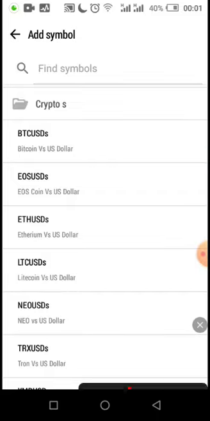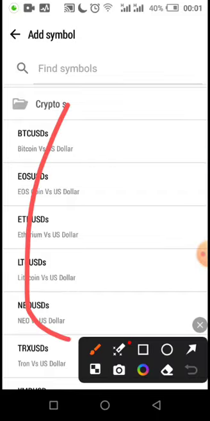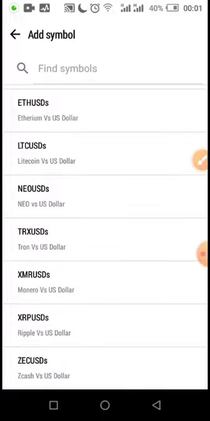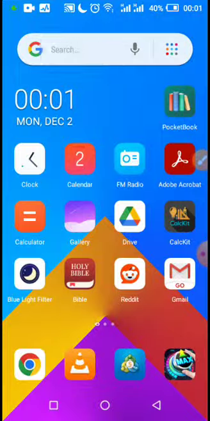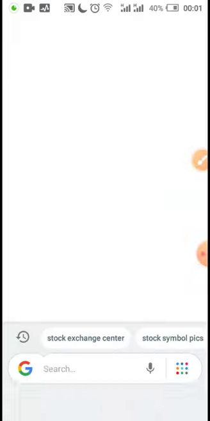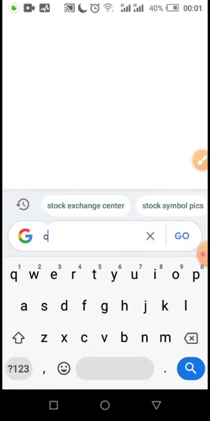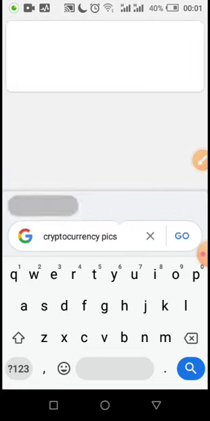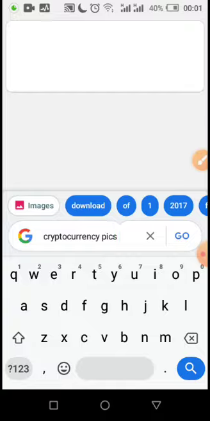So the cryptocurrencies can be traded against the US dollar most of the time, although sometimes they can be traded against other developed countries' currencies like the euro. And sometimes you might even have brokers where you can trade the cryptocurrencies against other cryptocurrencies.